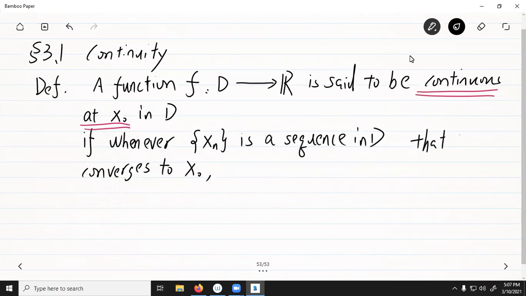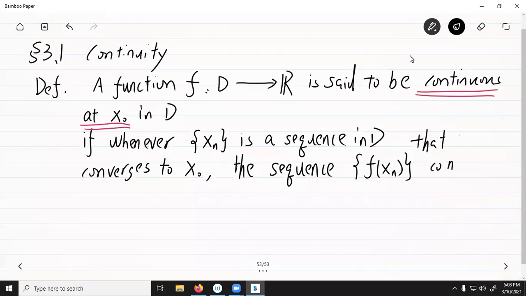if whenever you have this, the sequence formed by f of xn, right? For the different xn, you will have different f values. So the f values for this kind of sequence xn will form another sequence of numbers, called f of xn. And this sequence converges to f of x0.